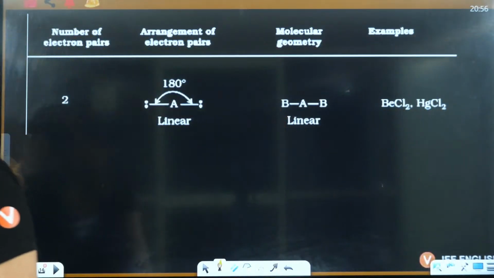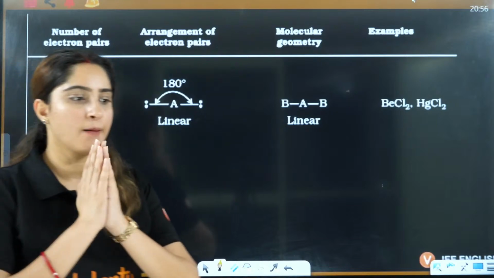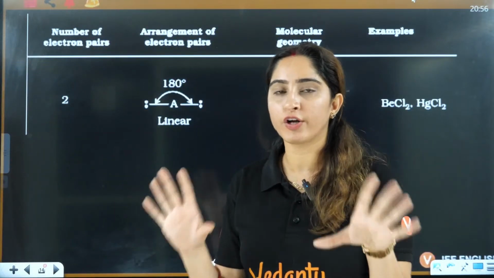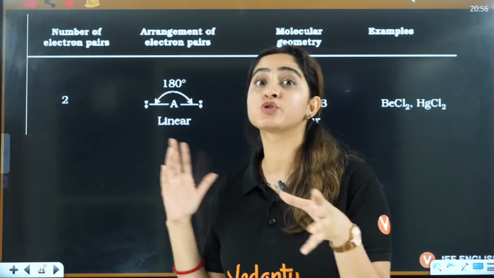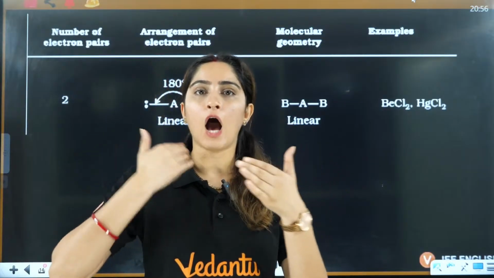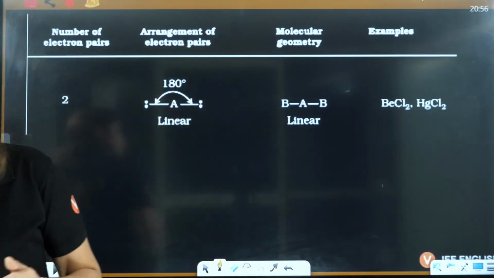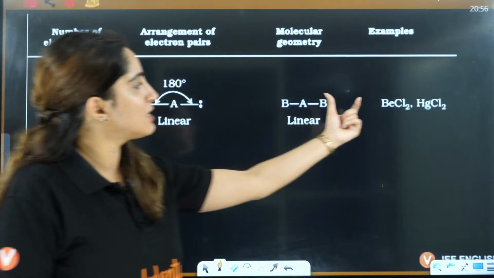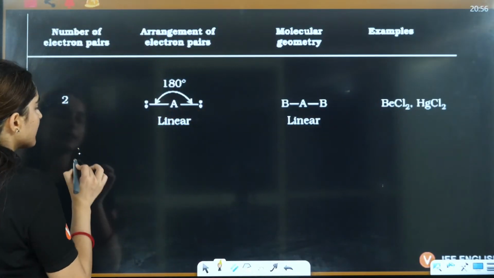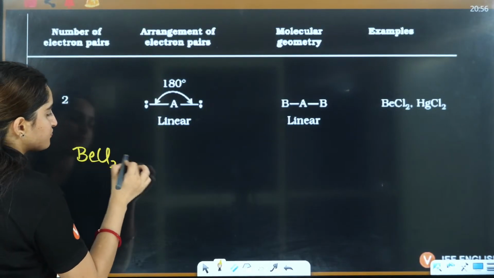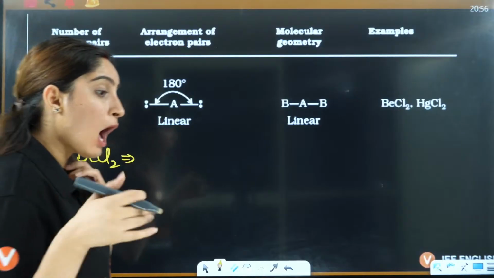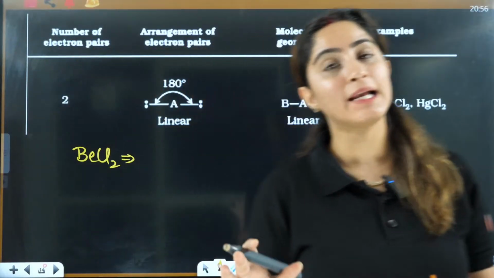In the end, I'll make one chart for you so that you don't have to remember so many things. Right now, just focus on understanding how we are going to proceed. I'll take the examples we have written here. Let's take the example of BeCl2. Now, how are you going to solve this? Let's understand that.